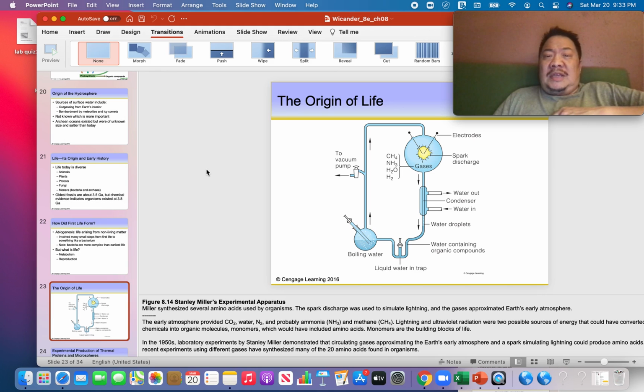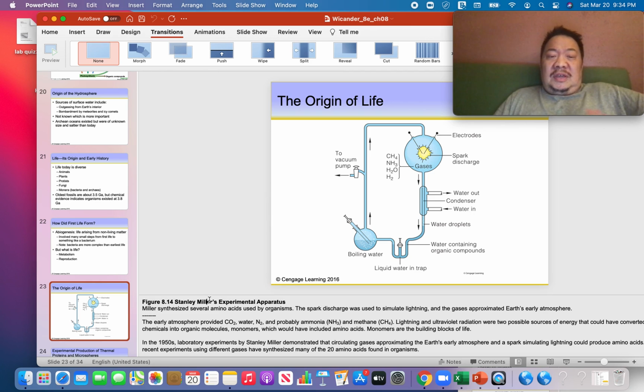There are two main scientific theories regarding the origin of life. And I'll be honest with you right now, I think the origin of life is not recorded in the rock record myself. But I have to go over the two main scientific theories regarding how life may have begun.